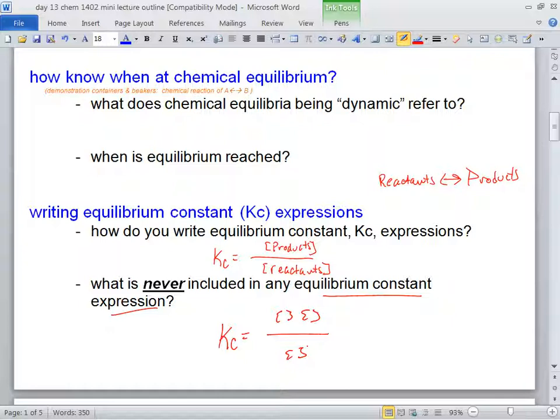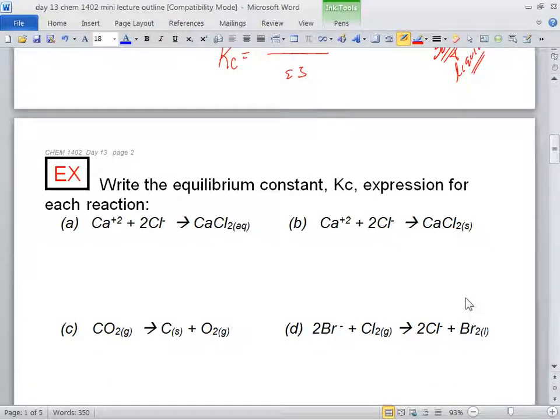And the other one, not gas, the only one left, liquid. Solids and liquids, they don't want you to include in Kc expressions. Why? Because their concentration is a constant. For example, water is 55.4 molar. So whenever you see solids and liquids, do not include them in the equilibrium constant expressions.